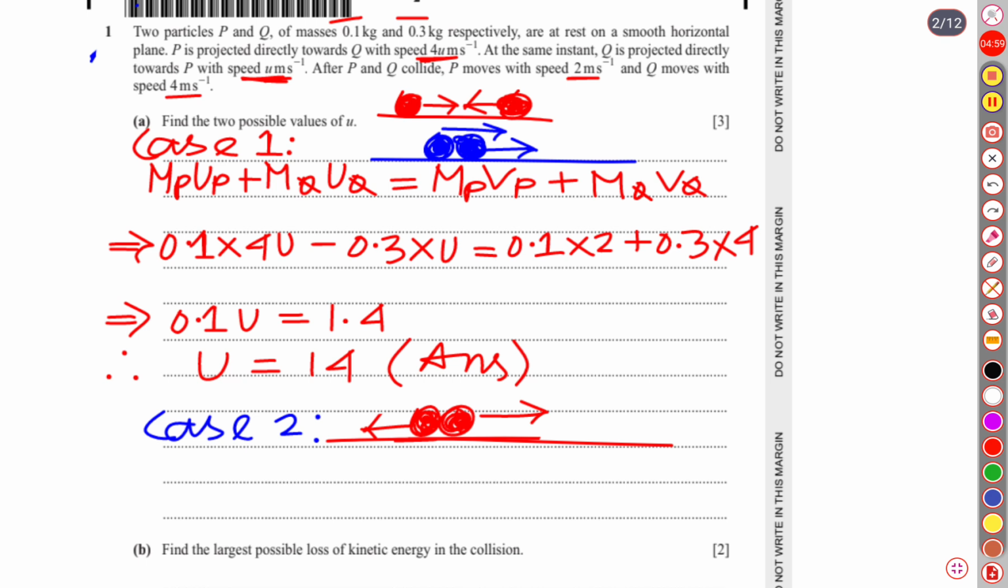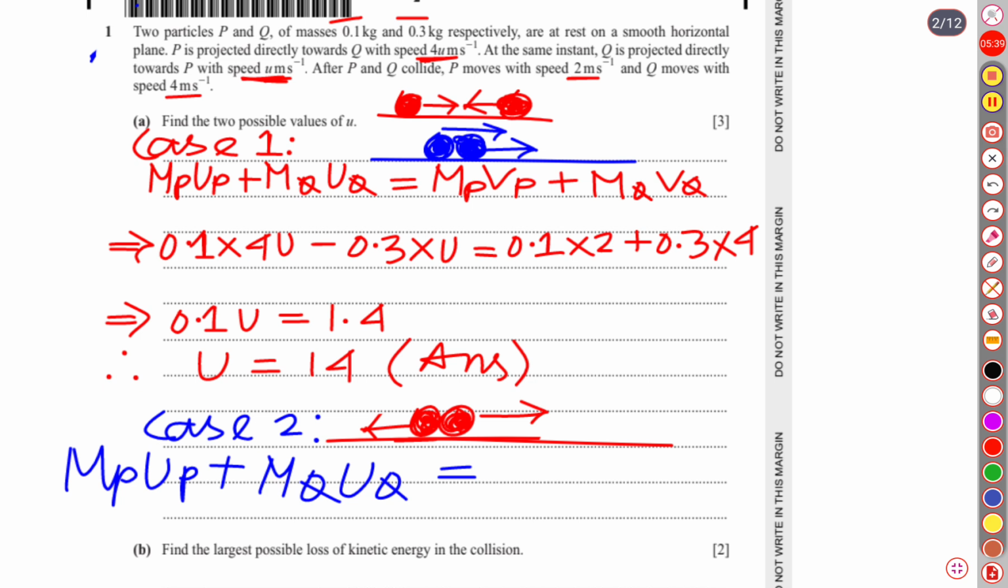Case number 2: it might happen that particle P was moving backward and Q was moving forward. So we will apply the same concept, conservation of momentum. Mass of particle P into initial velocity of P plus mass of particle Q into initial velocity of Q equals, now the direction has been changed as they are moving opposite to each other.